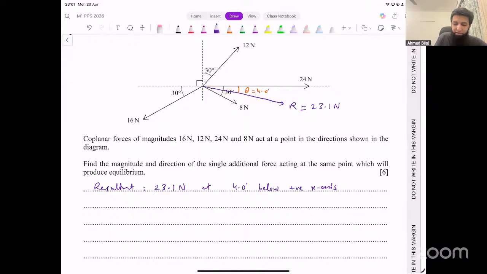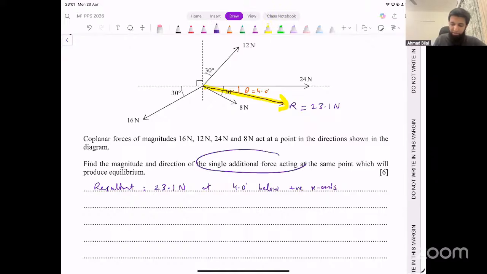So this point has a resultant force acting in this direction. If we want to have equilibrium, what is equilibrium? When the resultant of all forces is equal to zero. How can we make the resultant zero?